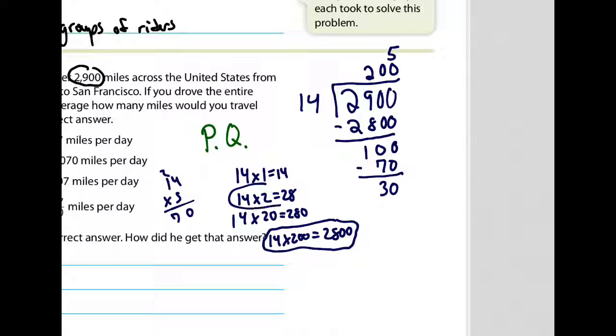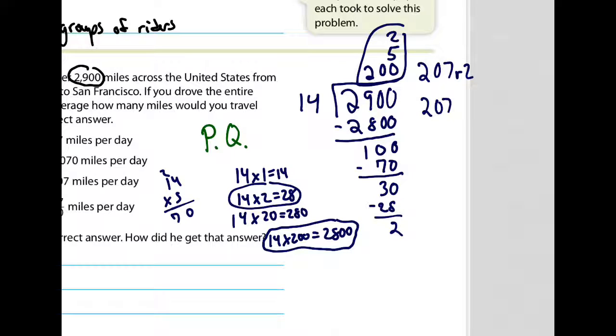Because remember, 14 times 2 is 28. So I'm going to put it 2 more times, which is 28. Subtract, 2. Now my answer, when I combine my partial quotients, would be 200 plus 5 plus 2 is 207. Now I have remainder 2, so I have 207 and 2/14, and that also reduces to 207 and 1/7.